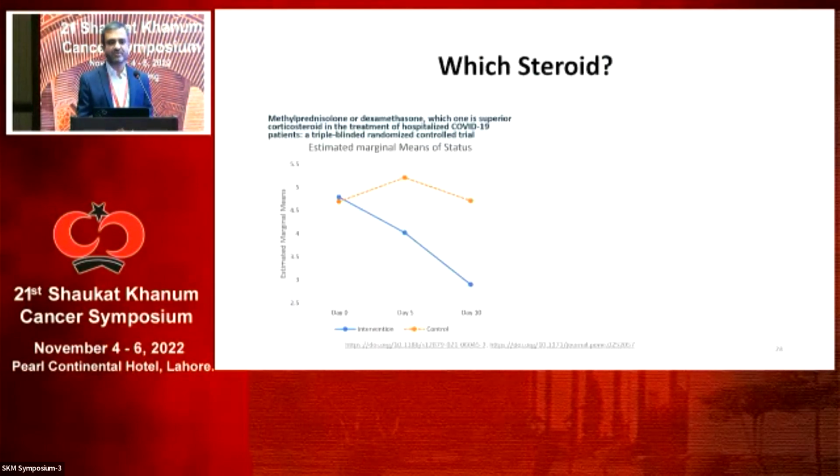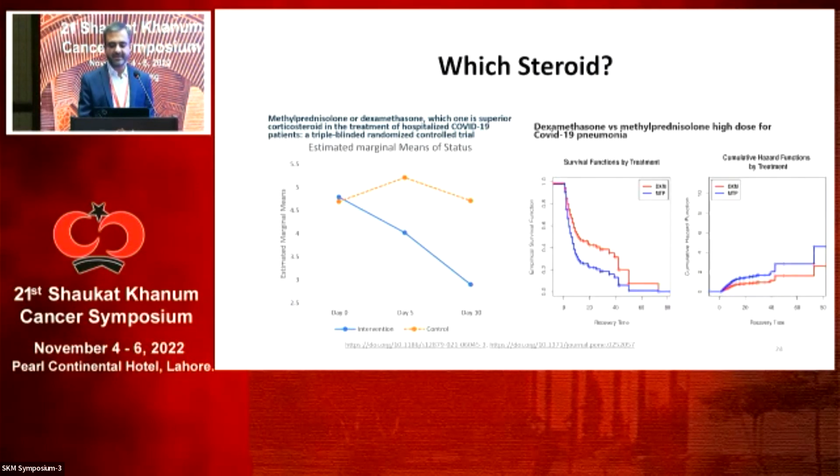So then the next question is, do we go with dexamethasone always, or do we have other options? There are a couple of studies which have been done in adults with COVID-19 who were hypoxic and had ARDS, and they showed that methylprednisolone has a mortality benefit in adult patients with COVID-19.